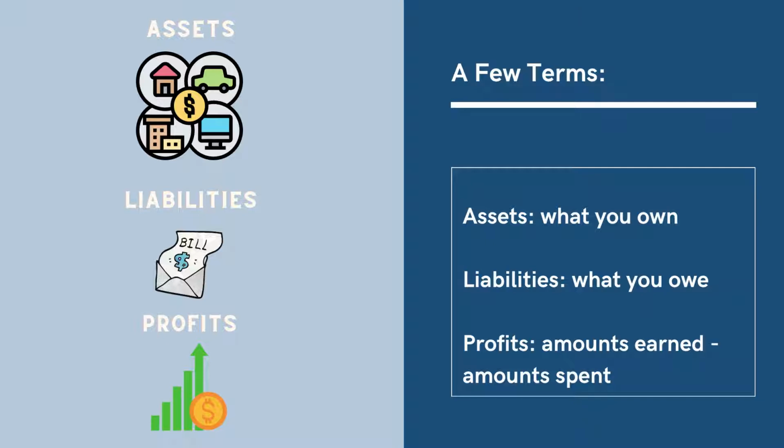Liabilities can include things like loans, interest owed on an account balance, salaries payable, income taxes, mortgage payable, payroll taxes owed, etc. Profits come from the money you earn from business activities and is calculated by subtracting the total expenses, losses, and taxes, or amount spent, from your total revenue, or amounts earned.